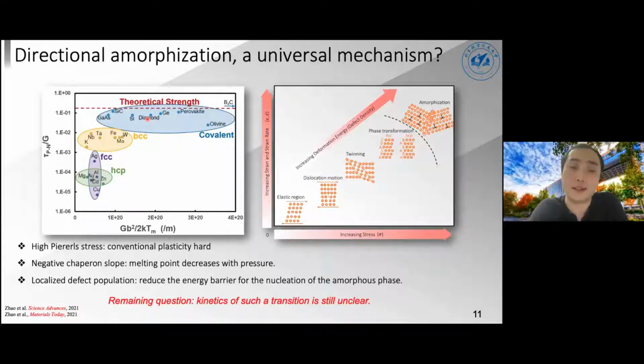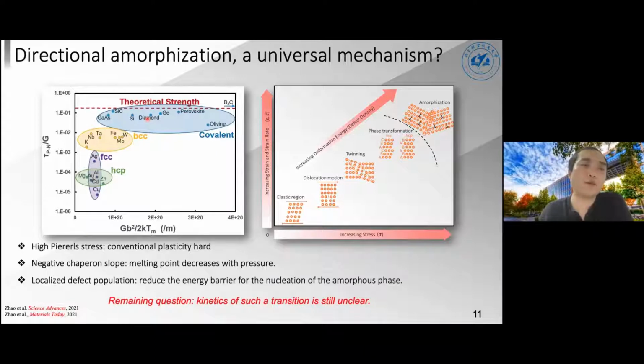These questions are pending further investigation. Actually, just a couple of months ago, several groups, including our group, discovered directional amorphization in a metallic system, which is not included in this presentation, and this indicates that amorphization is even more general.